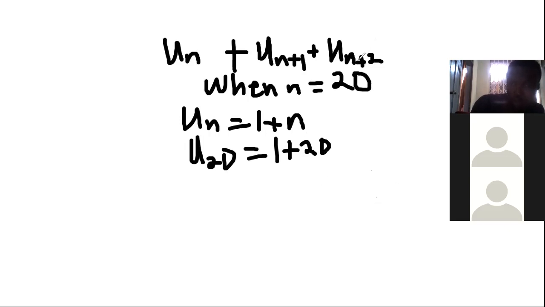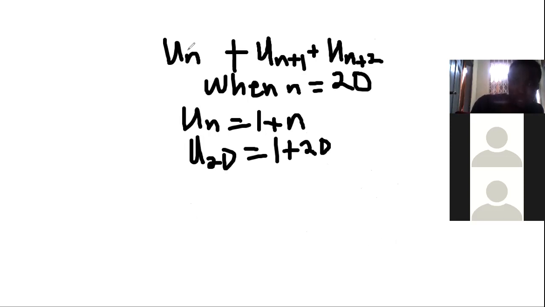Then this one, U n plus 2. U n plus 2 will give us U22. That'll be 22 plus 1. So that will give us 23.